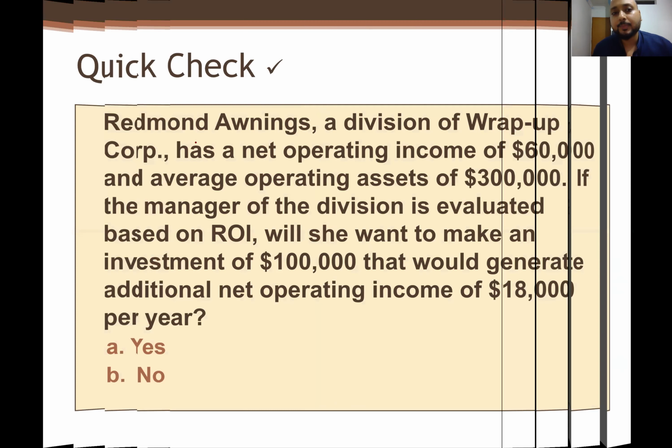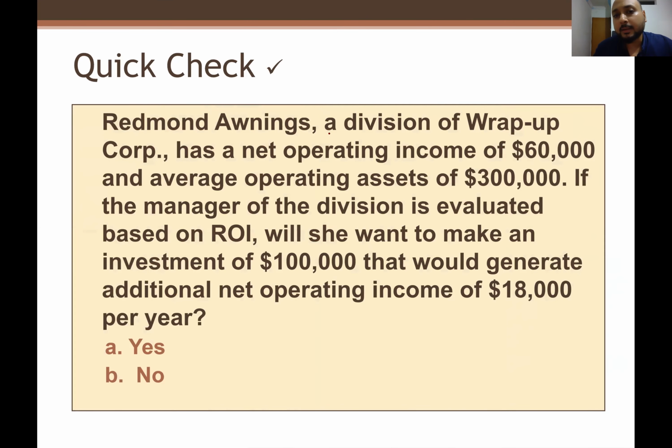Now, Raymond Evening, a division of Wrap-Up Corporation, has net operating income of 60,000 and net average operating assets of 300,000. If the manager of the division is evaluated based on ROI, she wants to make an investment of 100,000.